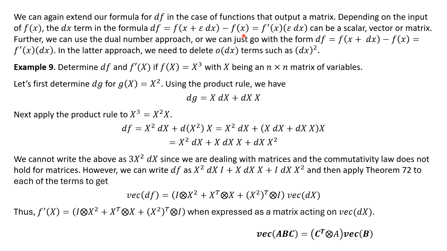And we can either use this form that has the dual number, or we can use it without the dual number, and just remember that all the higher order terms, the dx squares and dx cubes, need to be eliminated, and we can use this second formula if we like. And in fact, I believe I used that in this first example and in the second example.